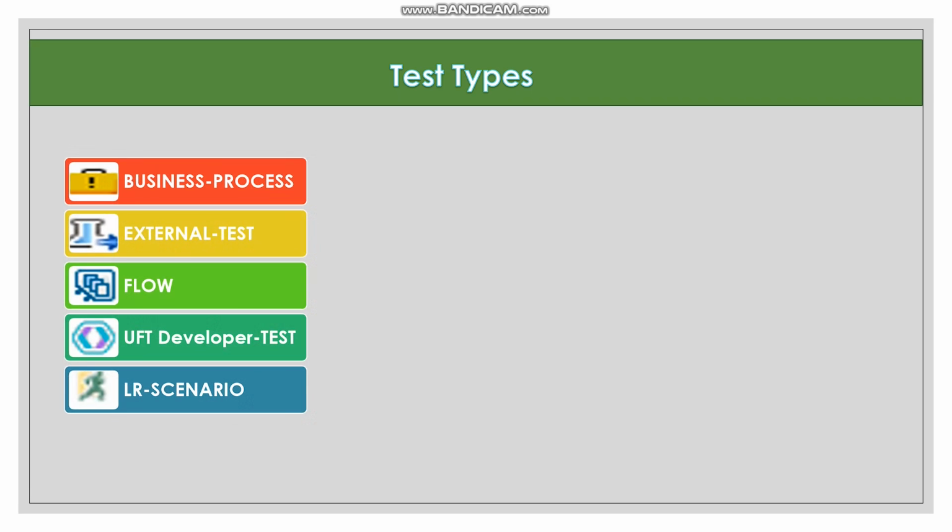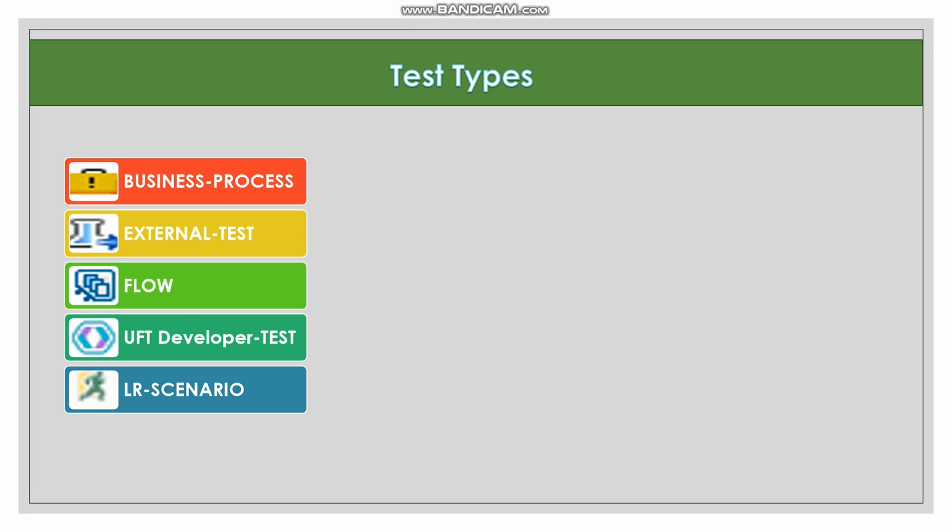To name the following: first, the business process, the external tests, wherein a test entity represents a test saved in an external repository, and then the flow, the test comprising a collection of business components in a fixed sequence that performs a specific task, the UFT developer test, wherein each UFT developer test represents a single test method inside the UFT.